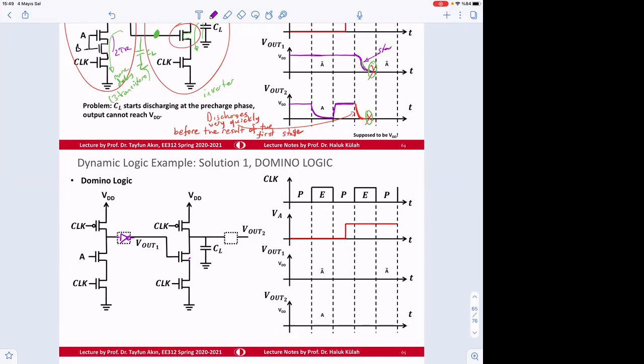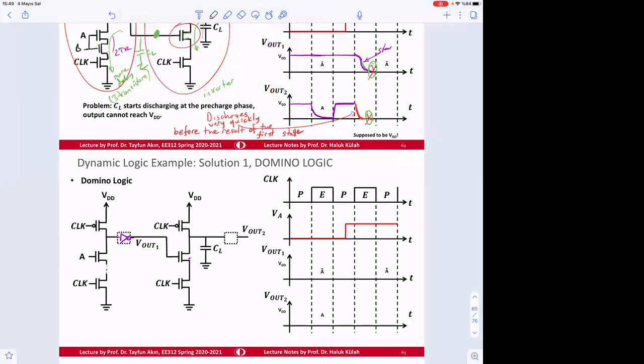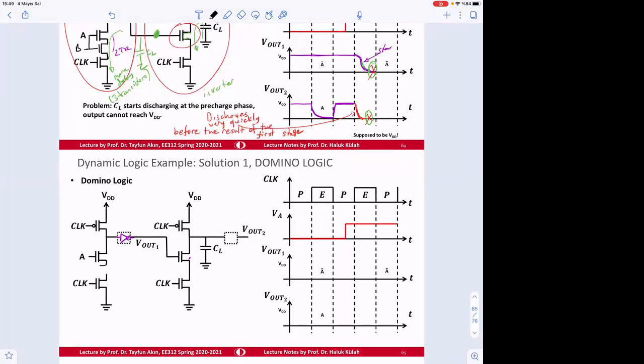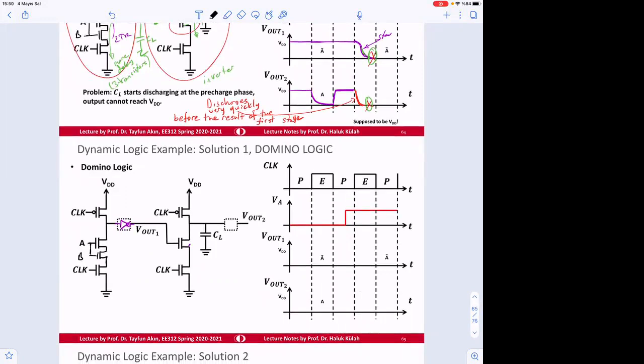Okay, so if the same thing happens here, let's say we have the same problem here, and then we put here, just to increase that delay, B, which is connected to this one. So let's do exactly the same thing, and pre-charge and evaluation cycles. So we need to put here also for the next gates an inverter. Okay.